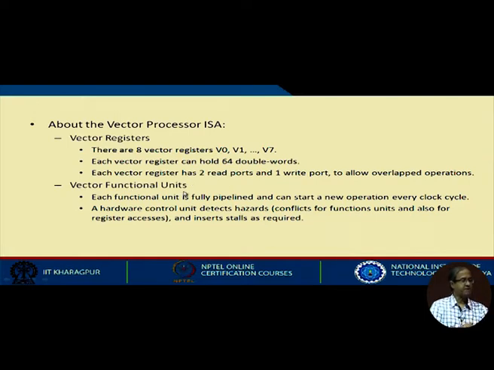And the vector functional units are all fully pipelined. They can start an operation every clock cycle, and if there is a dependency across these functional units, like I am carrying out a vector addition and the next instruction is a vector multiplication which uses one of the vectors produced as a result, there will be a latency or a stall; you have to wait.